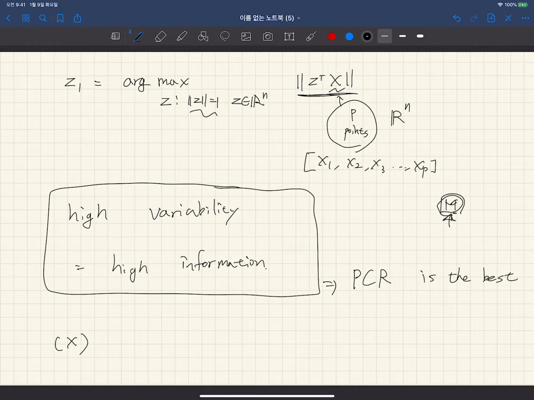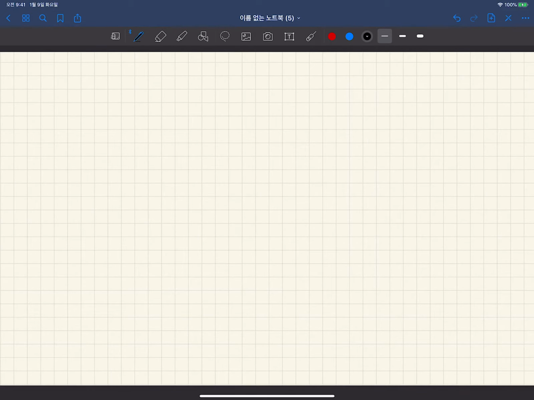To resolve this issue, some researchers invented partial least squares.